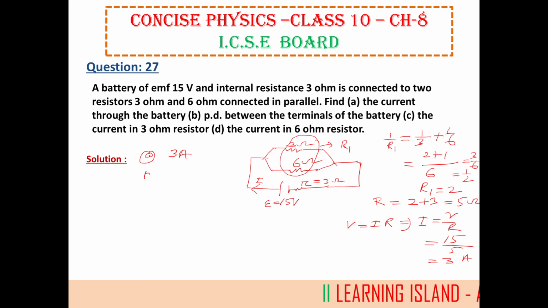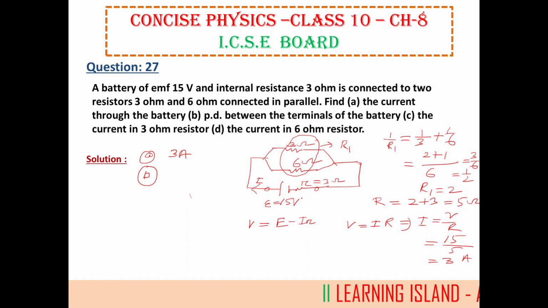Now question number B: the potential difference between the terminals of the battery. If this is V, we can write V equals E minus the loss of voltage because of internal resistance, that is I into r.